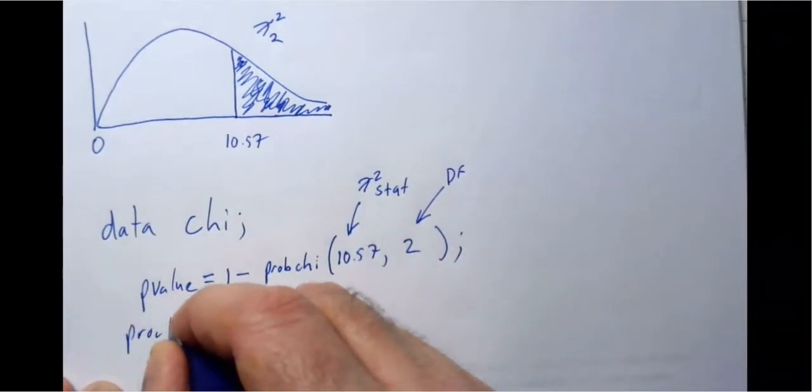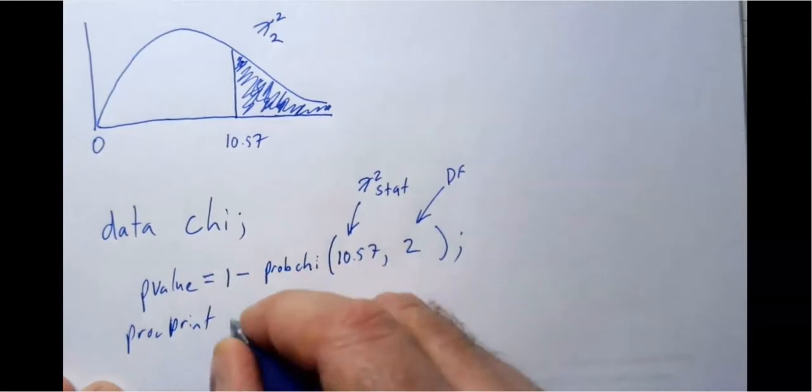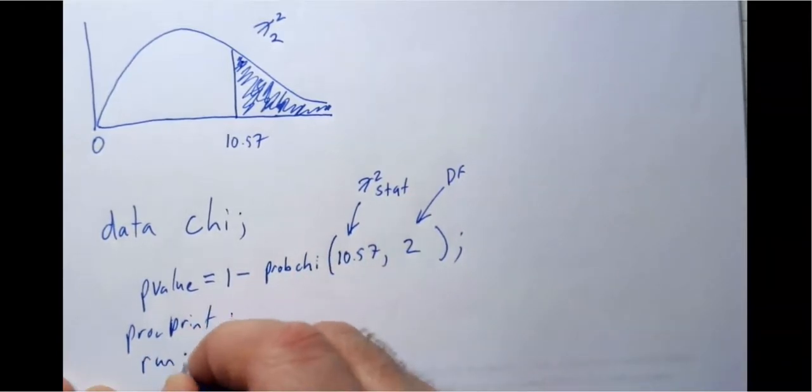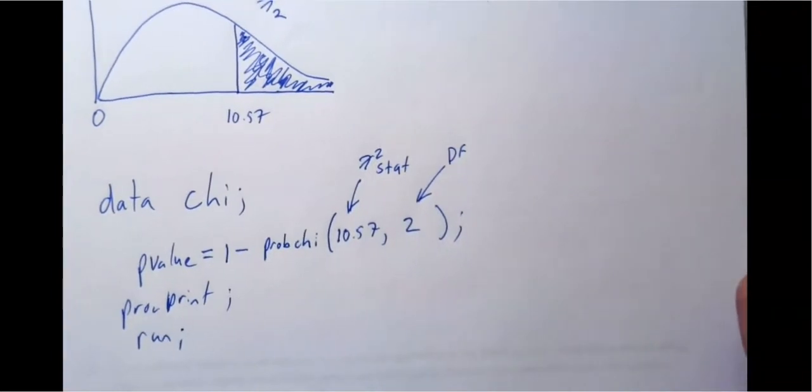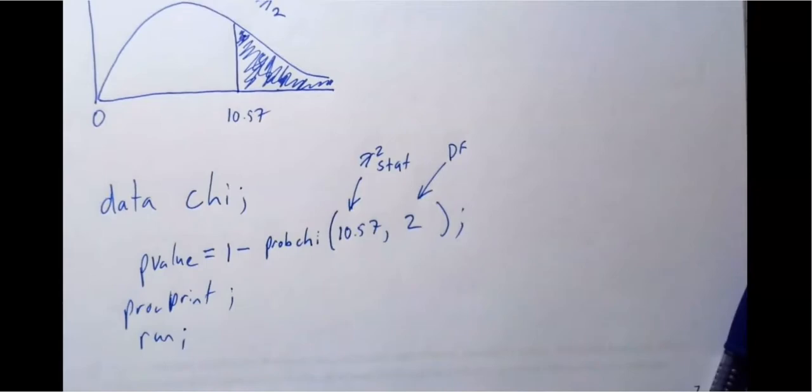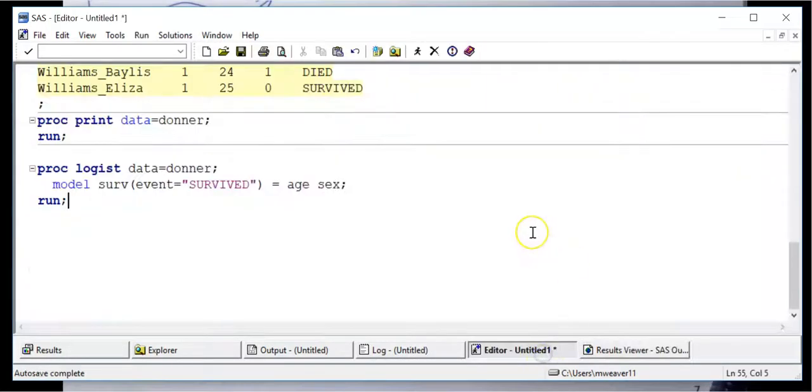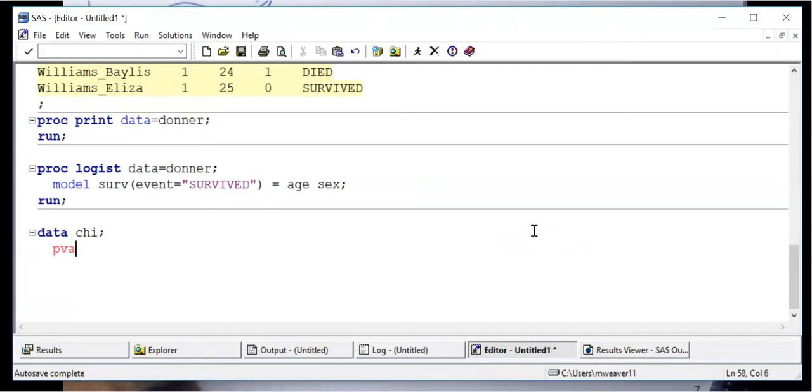Proc print, and run that. And if you do that, as a matter of fact, let's do that. Why not? Okay, go back to SAS here. I'll say data chi, p-value equals 1 minus prob chi. Again, we use 1 minus because the p-value always lives to the right in these right skewed distributions, and the functions calculate the area to the left.